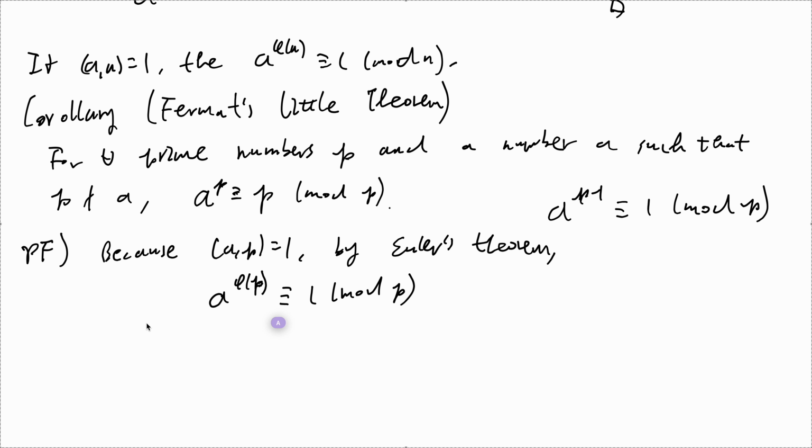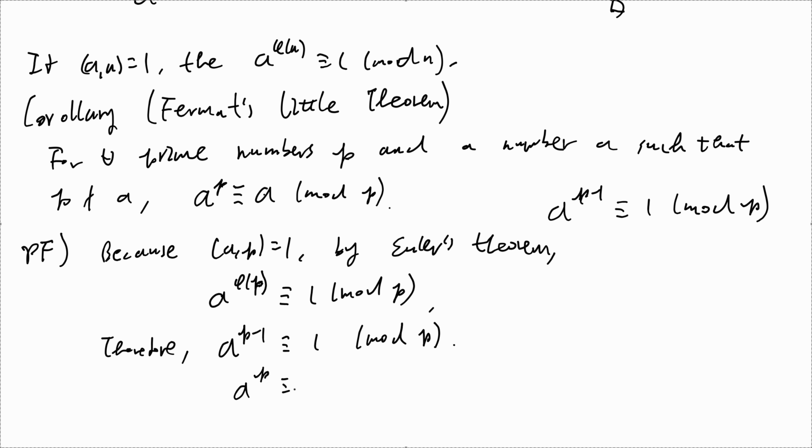So therefore a to the power of p minus 1 is congruent to 1, and multiplying by a, a to the power of p is congruent to a mod p, and we just proved it. Nice.